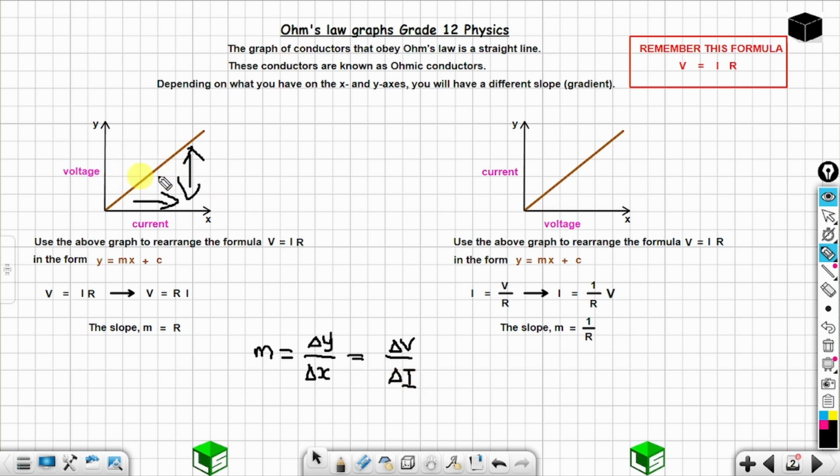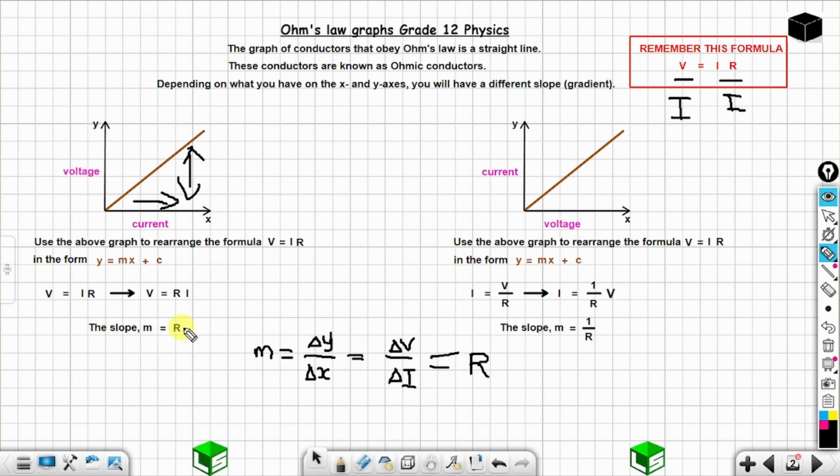Using this graph, can you see you have V over I. What is V over I? When you divide by I on both sides, this and this will cancel. You are going to have the resistance is equal to V over I. Can you see which is the slope?